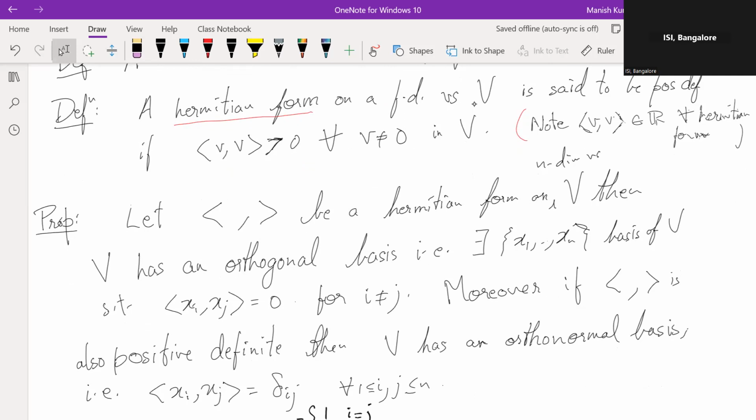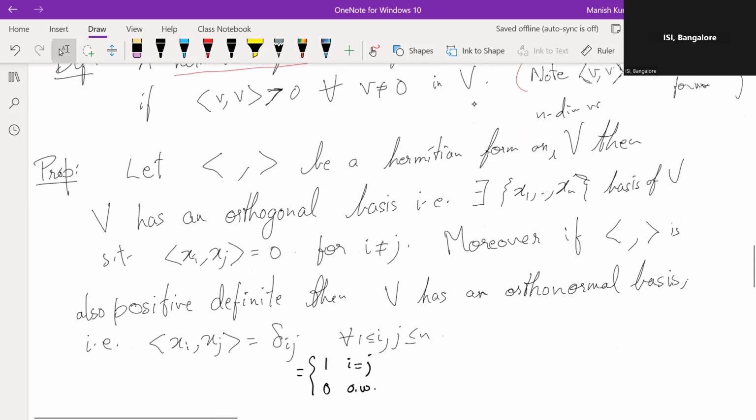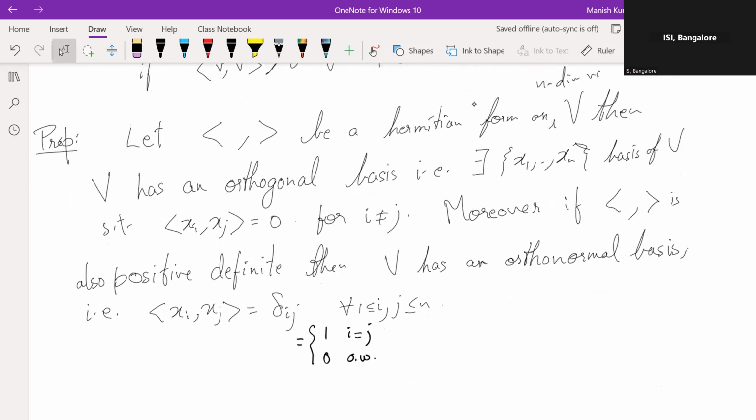That is, there exist x1 to xn, a basis of V, such that xi comma xj is 0 for i different from j. Moreover, if this is also positive definite, then we can ensure that this is an orthonormal basis. That is, xi comma xj is delta ij, which is 1 if i equals j and 0 otherwise.